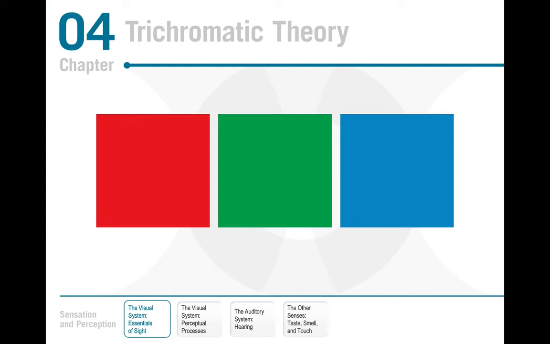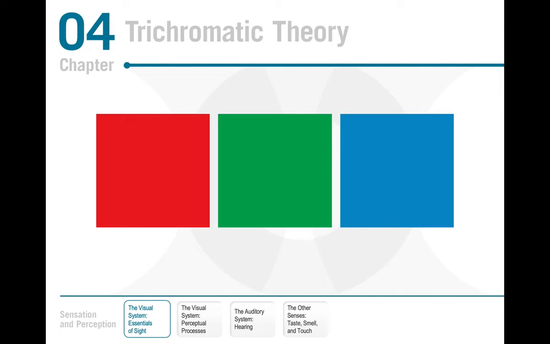This theory holds that the human eye has three types of receptors sensitive to the specific wavelengths associated with red, green, and blue. So according to this model, people can see all the colors of the rainbow because the eye does its own color mixing by varying the ratio of neural activity amongst these three receptor types.